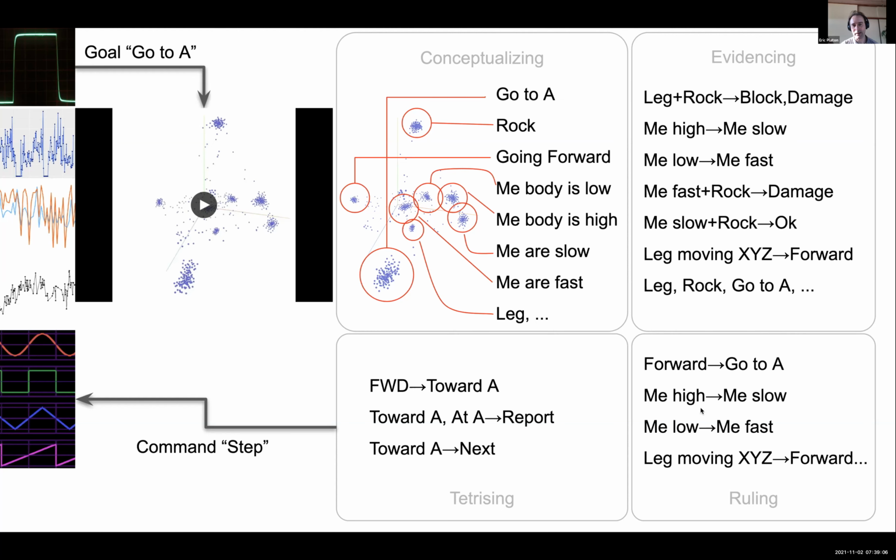See what I mean? In your experiments, the go to A, the rock, going forward, all this has emerged, right? Did you operate the robot for some time and then get these representations from the sensor data? I'm thinking about the origination of the sensor data, which then goes into this step of conceptualizing.